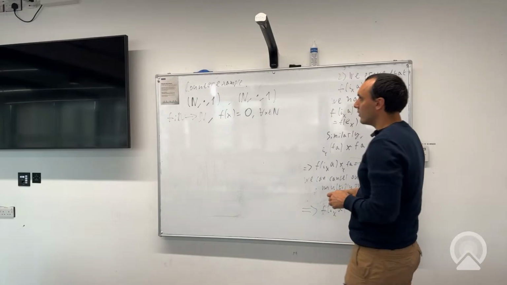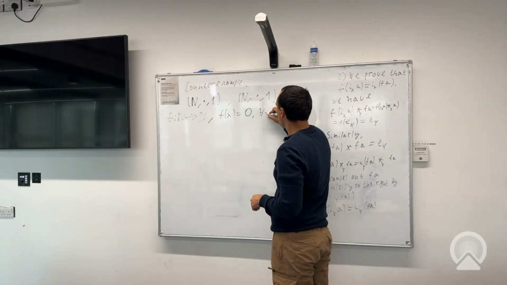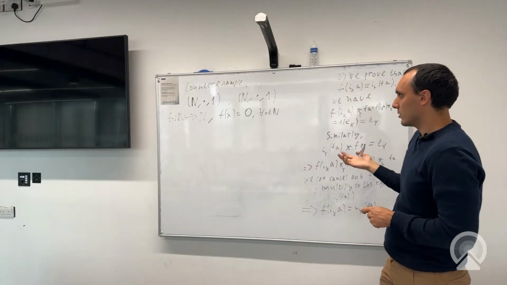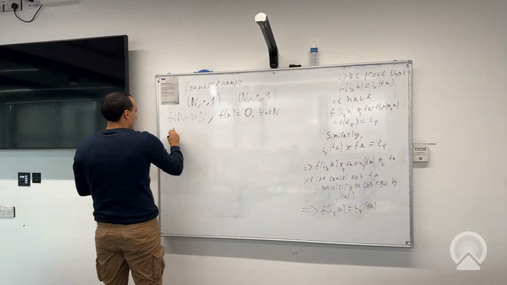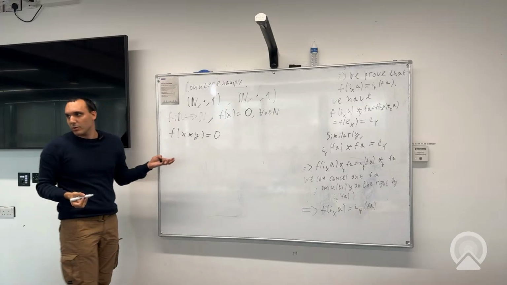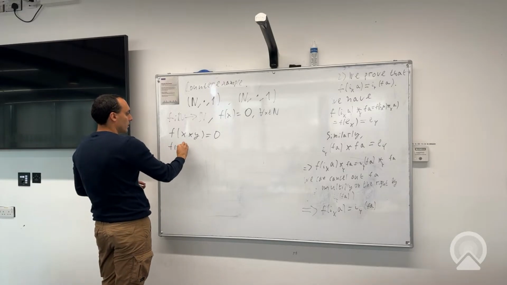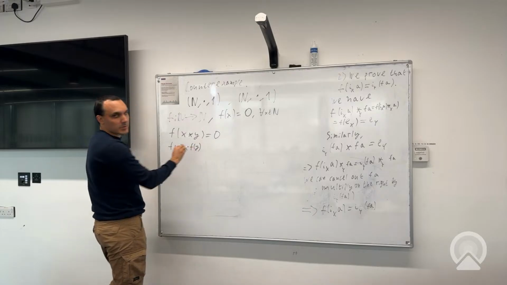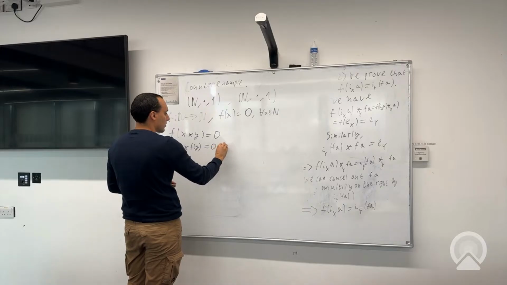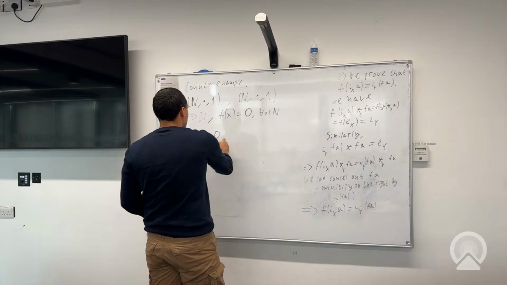So we use the constant function. So f of x times y is always 0. And f of x times f of y is 0 times 0, which is 0.